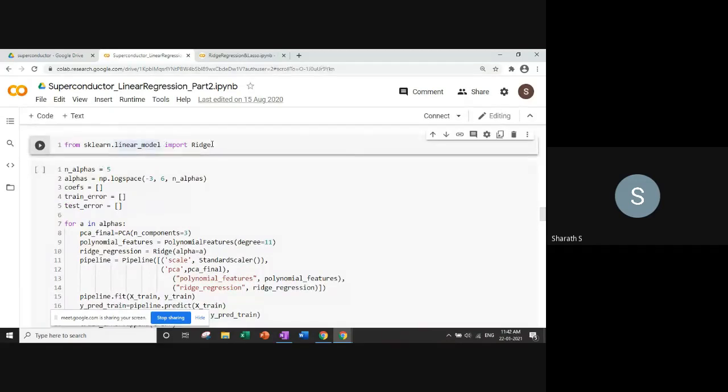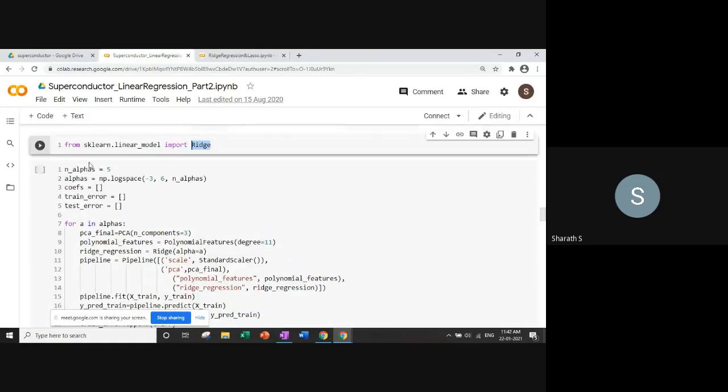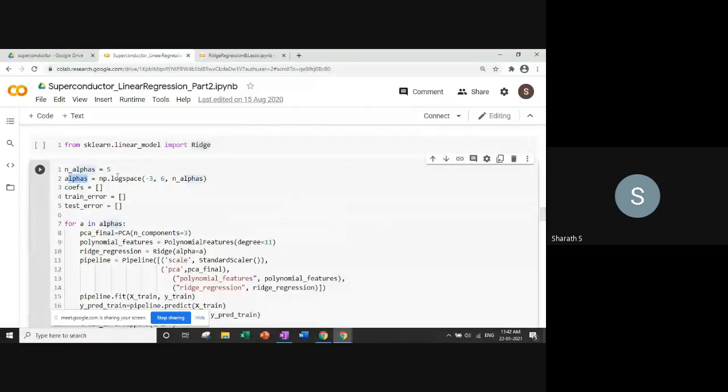So in scikit-learn, you have from linear model import Ridge. The ridge regression is called through this function called Ridge. Whatever I talked about as beta there, which is the tunable parameter, is more conventionally known as alpha.